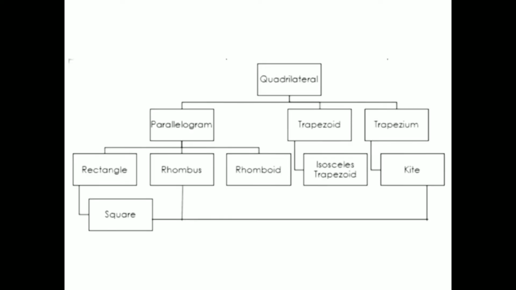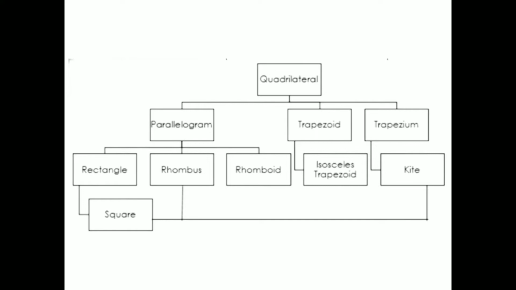Alright, so let's illustrate all the quadrilateral or four-sided polygon based on the diagram on the screen. So since yung parallelogram is a four-sided polygon, part siya ng quadrilateral. So sa pinakataas ng hierarchy is quadrilateral. And then sa baba niya, merong tatlo which is parallelogram, trapezoid, and trapezium.